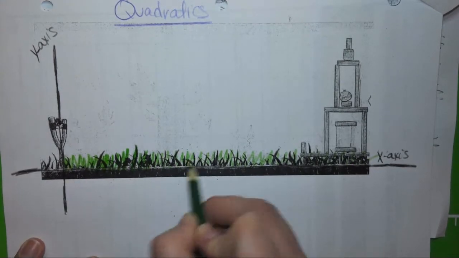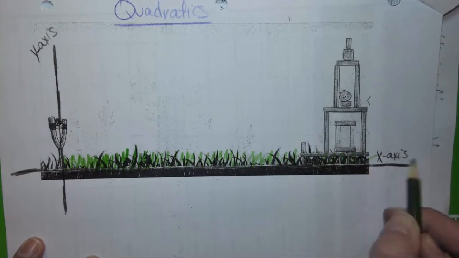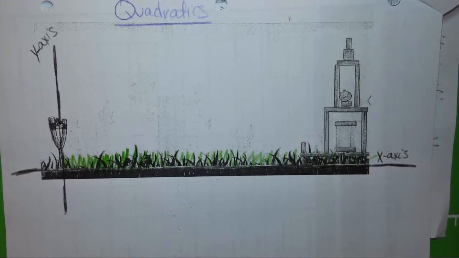Now, just where the grass hits the x-axis, what do we find? Is the grass just laying on top of there? No, it's growing. So what is under the surface? Just under that top surface where it's green, what's underneath?